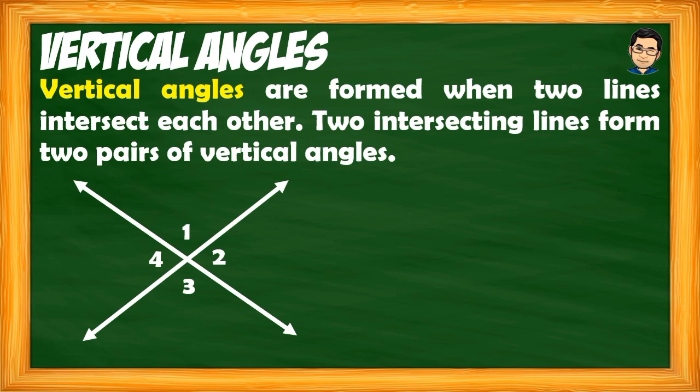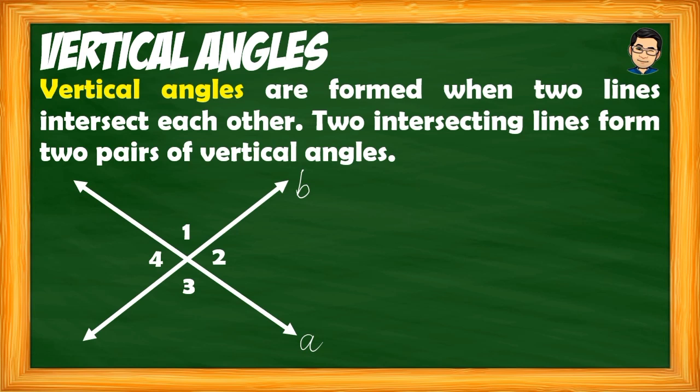Pangalanan natin yung line. Like, for example, ito, A. Ito naman, B. So, line A and line B are the two intersecting lines. And then, kapag nag-intersect yung dalawang lines, makaka-form po sila ng dalawang pares ng vertical angles.